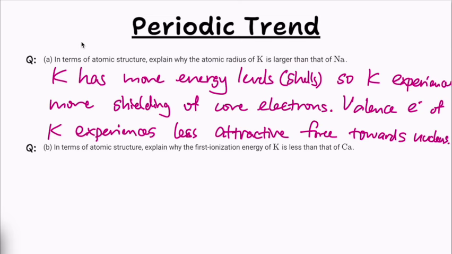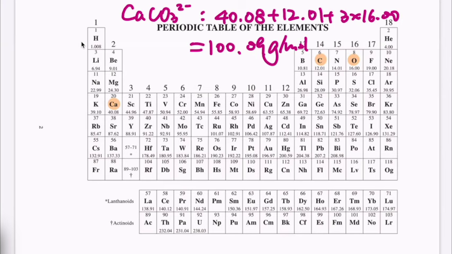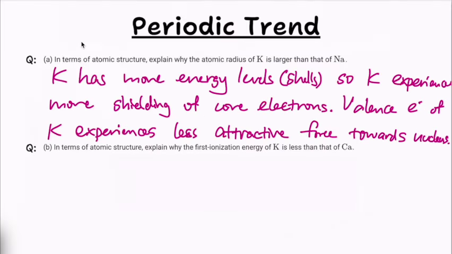Okay, B, in terms of the atomic structure, explain why the first ionization energy of potassium is less than that of calcium. Okay, so when we compare potassium and calcium, they're on the same energy level, but potassium is an alkali metal and calcium is an alkaline earth metal. So, which means calcium has one more proton compared to potassium.